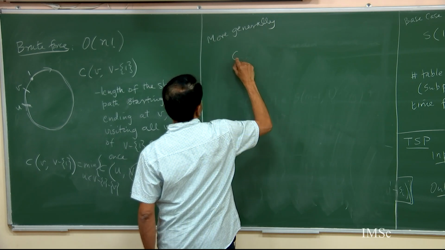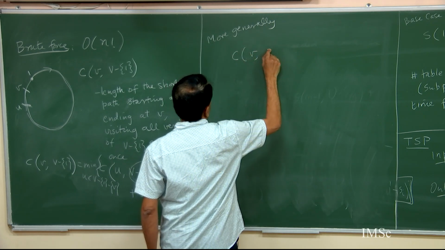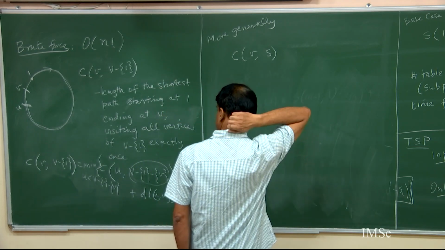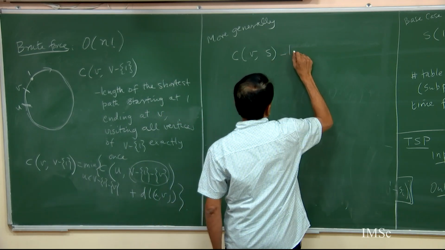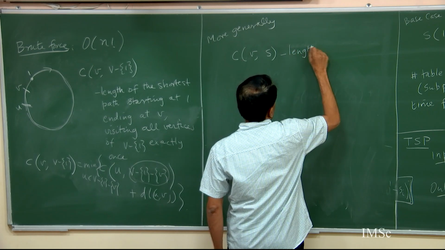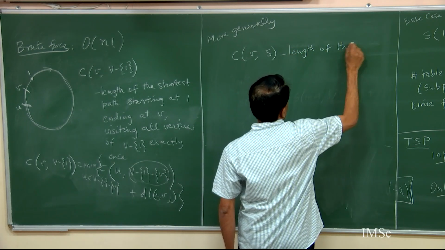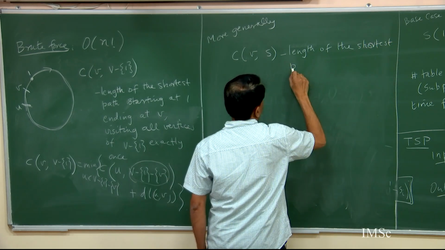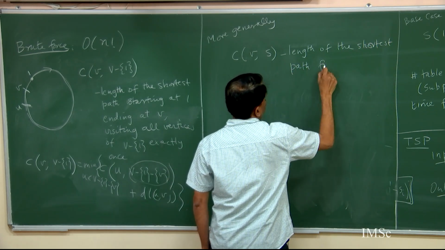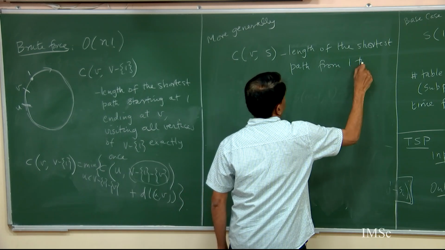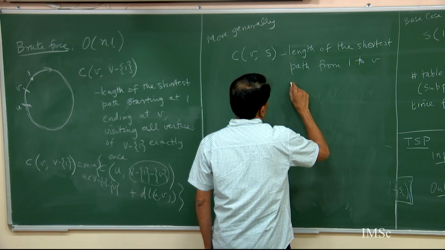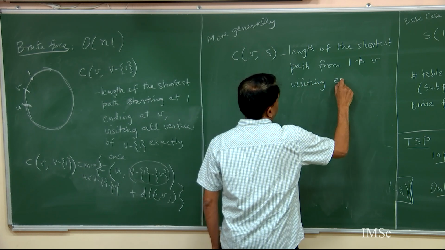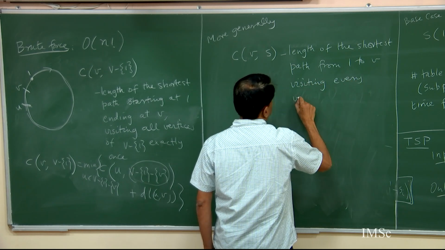Let's say C(V,S) is the length of the shortest path from 1 to V, visiting every vertex of S exactly once.